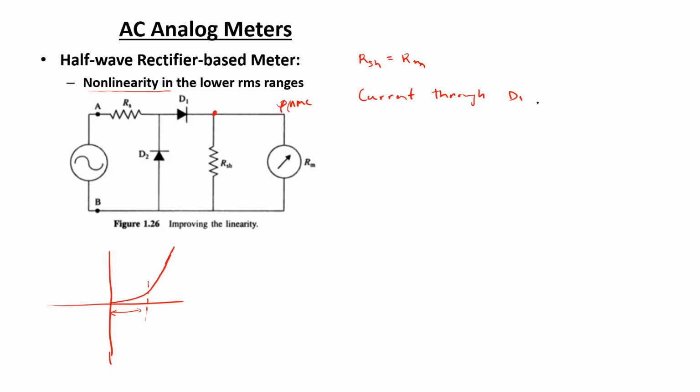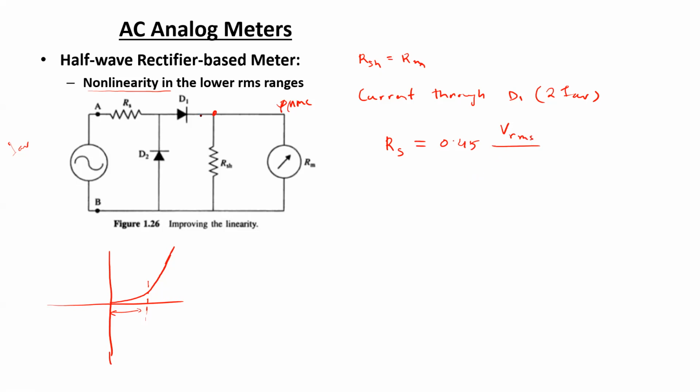If it was previously indicated by I average, now it would become twice IAV. So the expression of the multiplier resistance in this case can be further modified as 0.45 divided by Vrms.